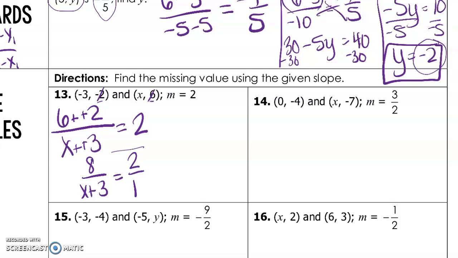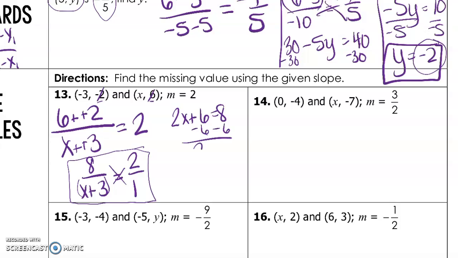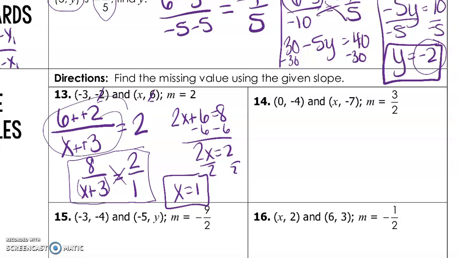So this is the ratio, or the proportion, that you would set up and solve. So in order to do that, remember you need to distribute. So 2x plus 6 is equal to 8. Subtract 6, 2x equals 2. Divide, and x equals 1. So again, you would want to plug that back up into your original slope formula to make sure that works.